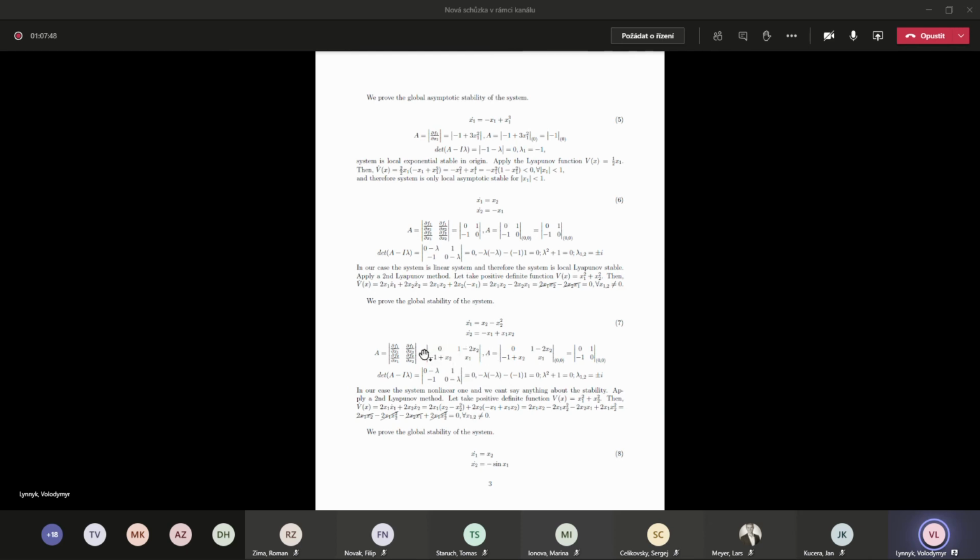We calculate the Jacobian here in the equilibrium point 0, 0, the origin, and we found the same eigenvalues, plus minus j, as in example 6, but in this case the system is nonlinear, and we can't say anything about the stability of this system.